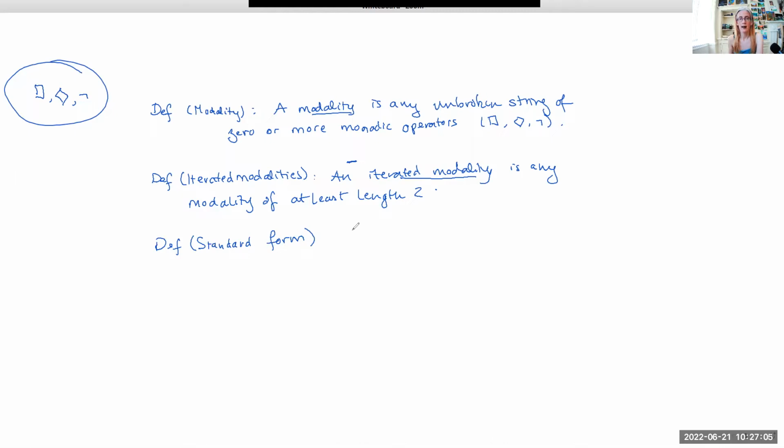A modality with at most one negation, so you've only got one of these, is said to be in standard form.